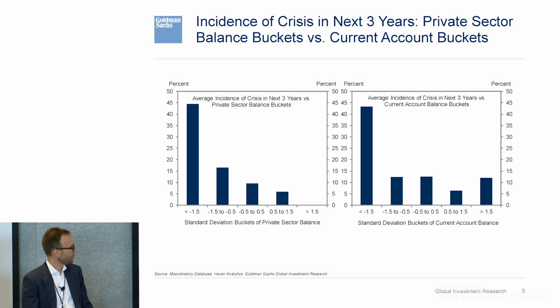Now, another sort of horse race that I think is interesting is to look at the private sector balance relative to maybe a better known crisis indicator, namely the current account deficit or the current account balance. Once again, we also see some predictive value from the current account balance, but maybe slightly less impressive again than the private sector balance.